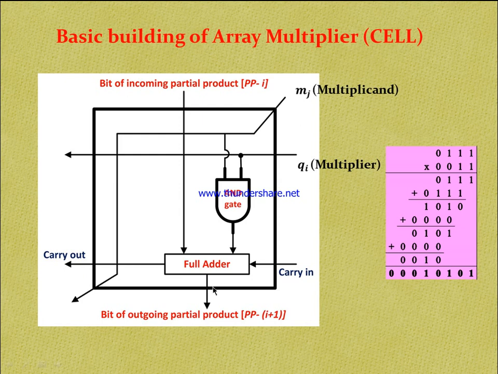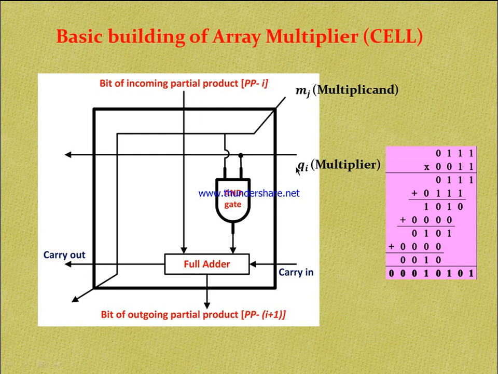This result will be in this particular location, and we know that after multiplying 1 and 1 we get the result 1. So this result will come here. Similarly, the next step is the same: this one should be multiplied with this multiplicand.